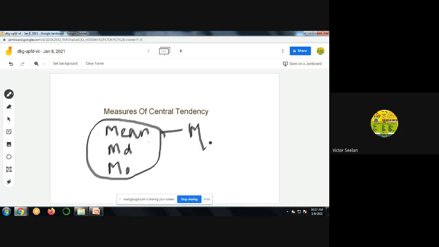When you mention mean, it is mu M. When you mention median, mu MD. And when you mention mode value, we call it mu MO. So these three are nothing but our averages: mean, median, and mode.